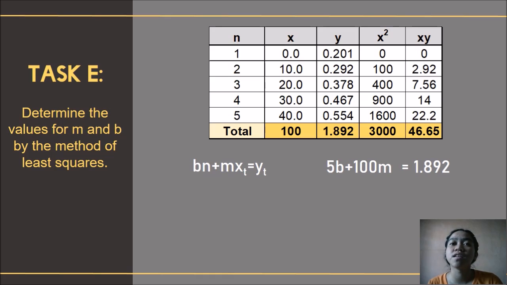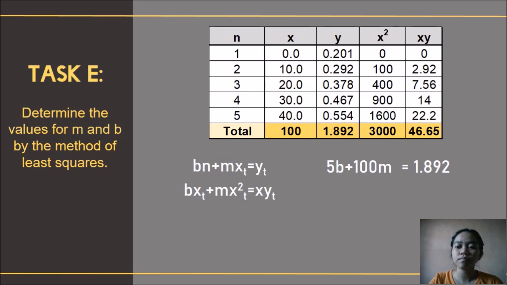So we just need to plug in the values on the yellow one into this: 5b plus 100m is equal to 1.892. We have a second equation, which is b times the summation of x plus m, the slope, times the summation of x squared, equal to the summation of x times y.